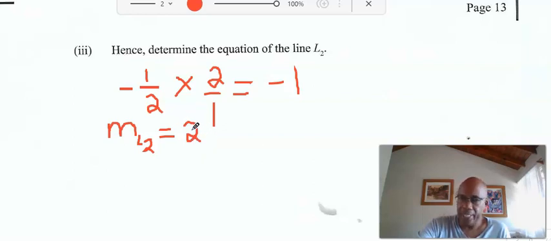So we have our gradient, but we have to find the equation of the line L2. Anytime you want to find the equation of a line, the first thing is to write the general equation down. y equals mx plus c.